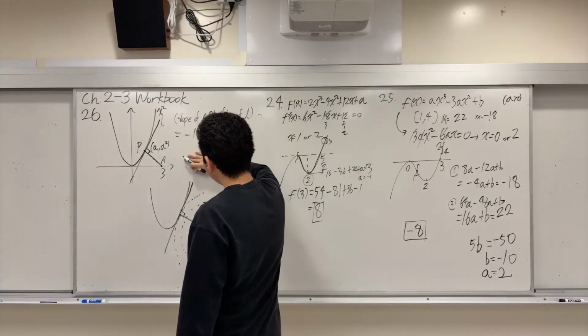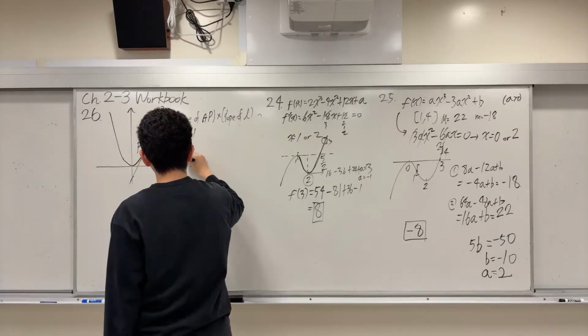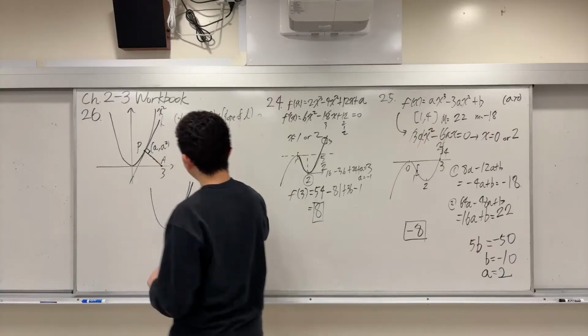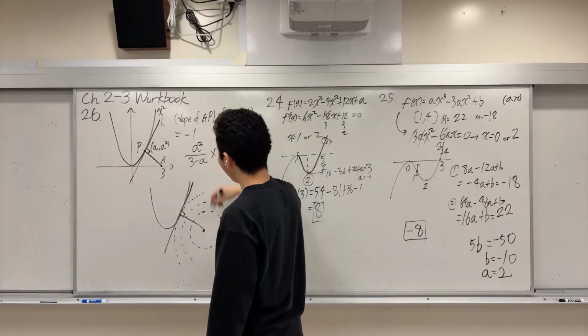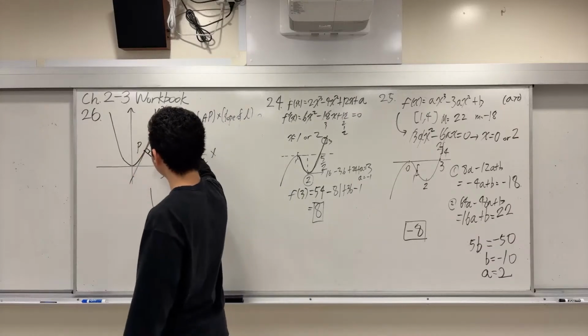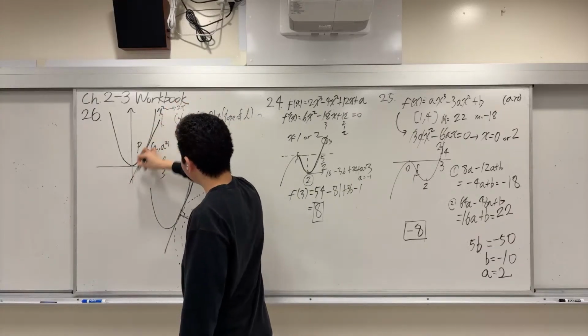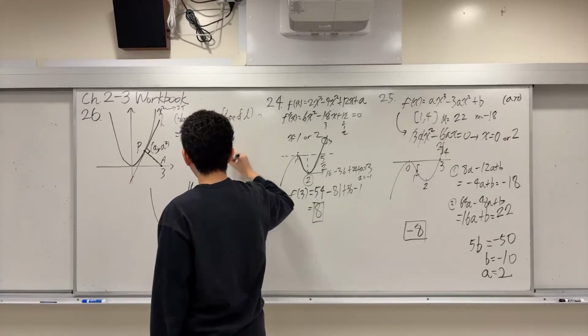Then the slope of AP is going to be a squared minus 0 over a minus 3, right? Difference in y over difference in x, times the slope of L. Now the derivative of x squared is 2x, right? So the slope of L right here is just plugging a into 2x, so that's 2a.